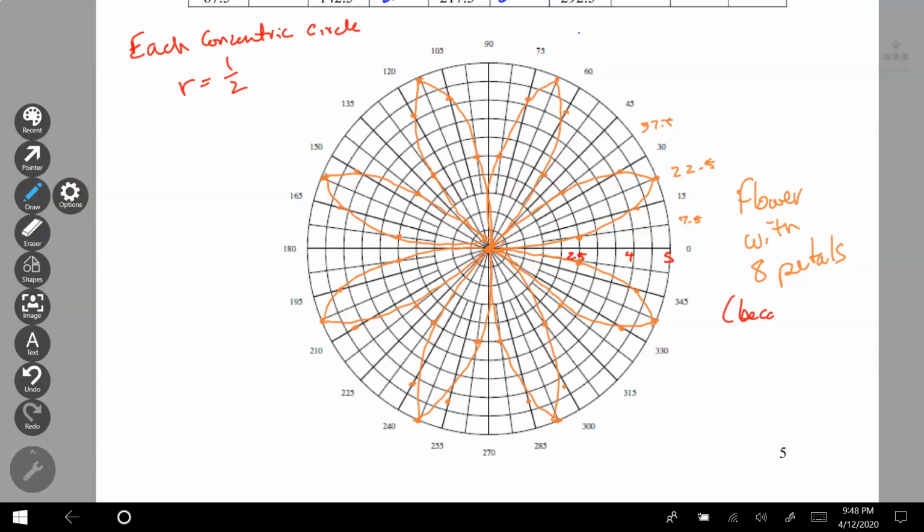That's because we had 4 theta. So I think the rule will be: when I have sine or cosine of n theta, when n is even, I get 2 times n petals, like 4 theta, I had 8 petals.